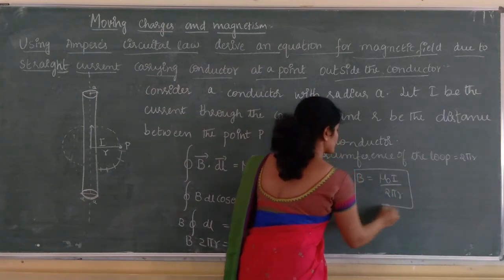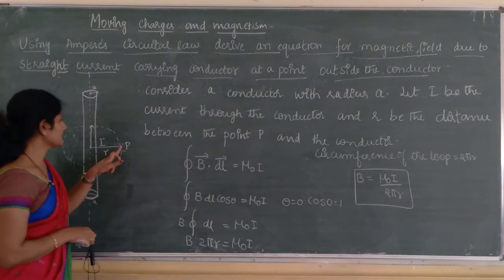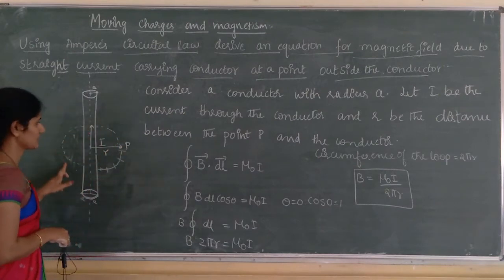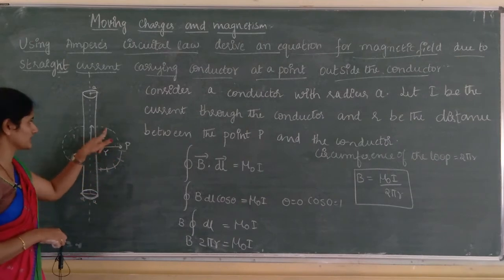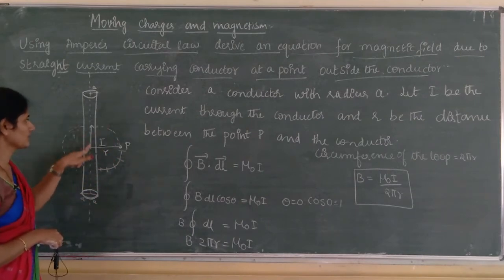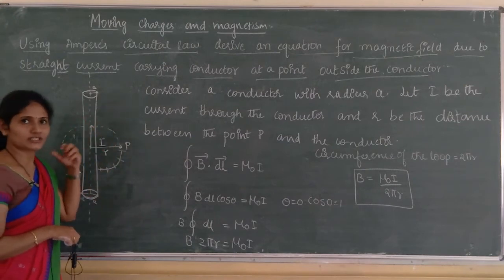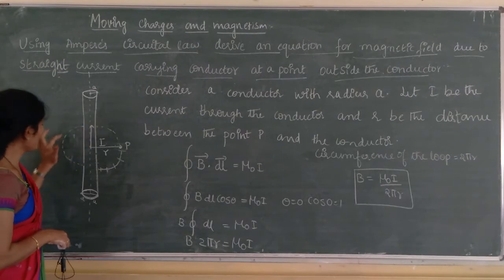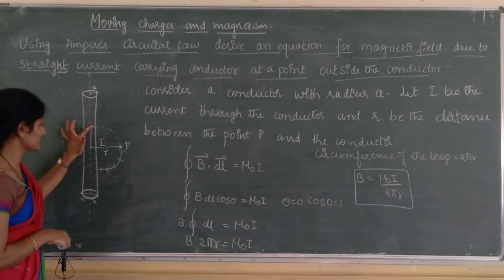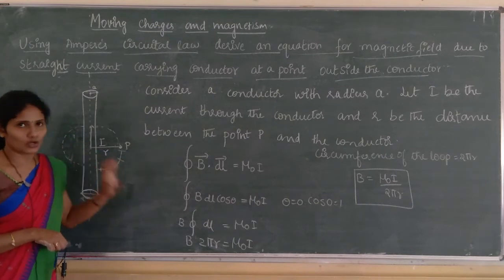So, this is the expression for the magnetic field B at a point outside the conductor. You can consider the point here, you can consider the point here. On this loop, you can consider the point anywhere. All the points are at the same distance from the axis, so the magnitude of the magnetic field is constant.